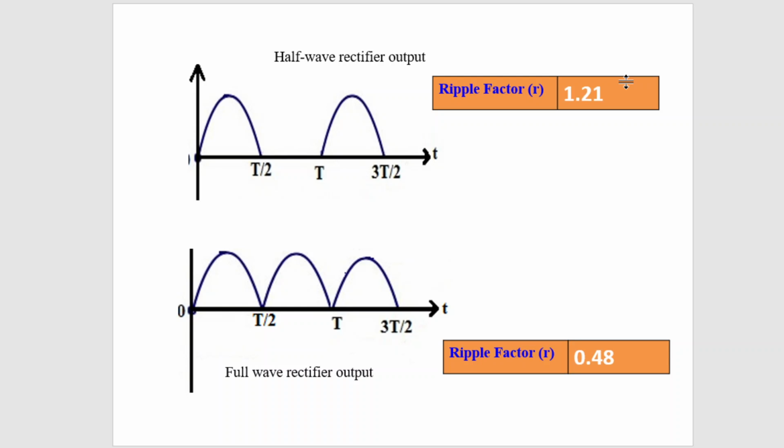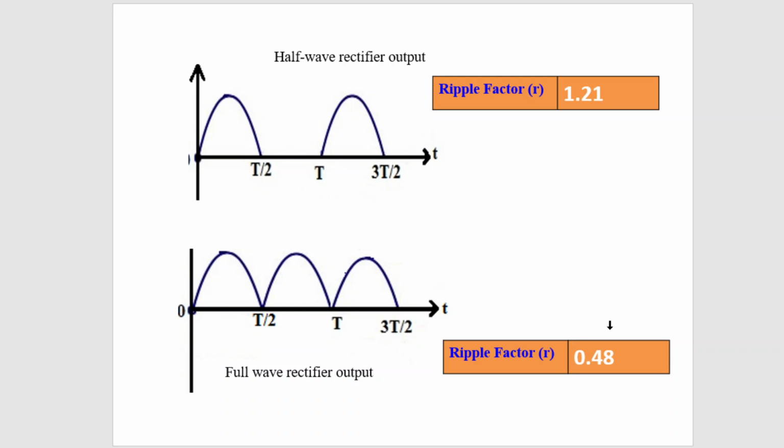Similarly, the ripple factor of the full wave is 0.48, which means 48% AC signal is in the output of a full wave rectifier, and the remaining 52% is the DC part.